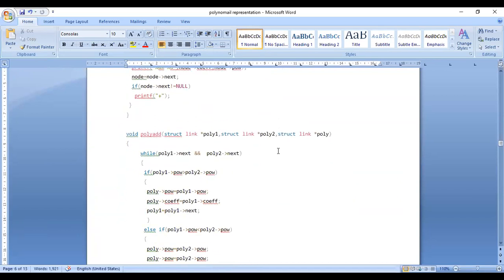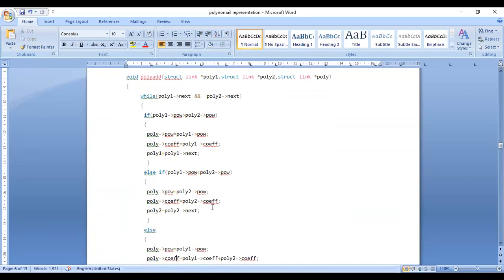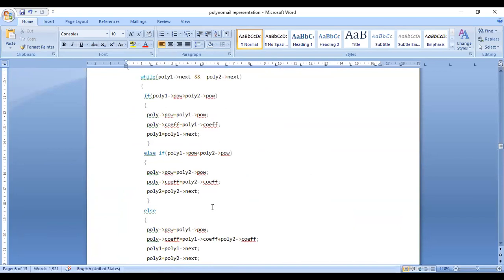So you can see the same thing. Poly add: if poly 1's power is greater than poly 2's, if poly 1 is less than poly 2, if poly 1 is equal to poly 2. Else means the third case. If both are the same, what will I be doing? I will just be adding. So poly 1 of coefficient is equal to poly 1 coefficient plus poly 2 coefficient.